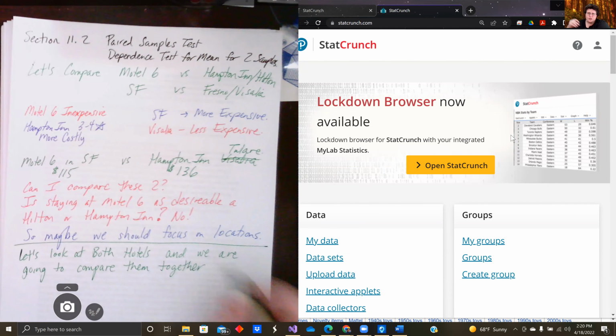But since, as we've shown, being in a different location can have different effects on the price, we're going to pair them up by pairing them based on location.